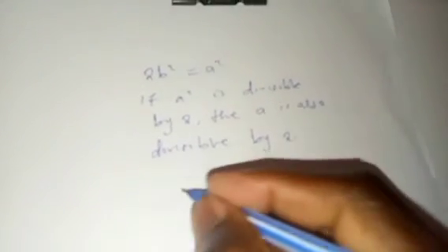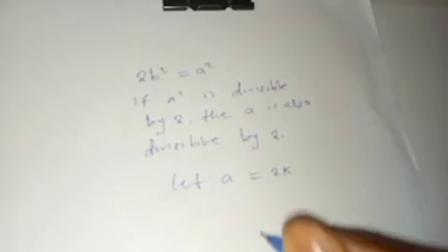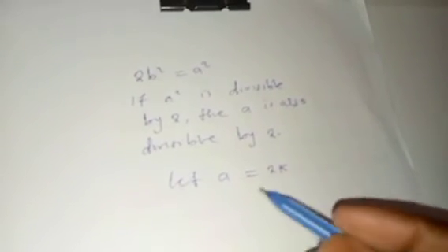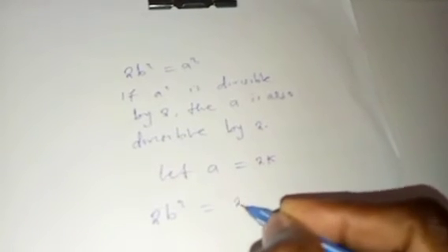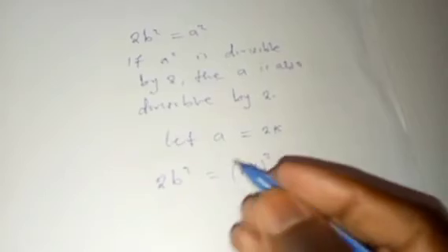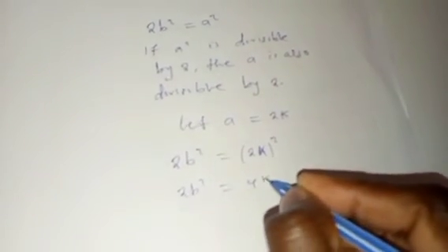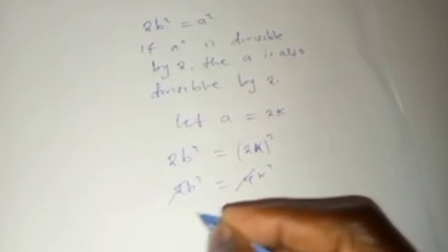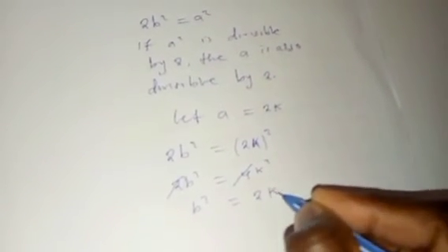You end there. Then you say let a be equal to 2k, so that we get 2b square equal to 2k square. Here we are going to get 2b square equal to 4k square. You divide throughout by 2. We are going to get b square equal to 2k square.